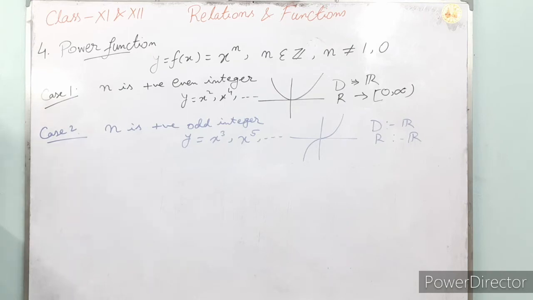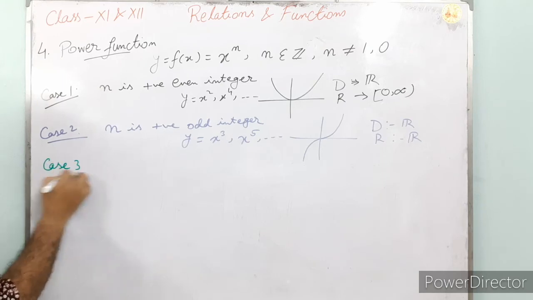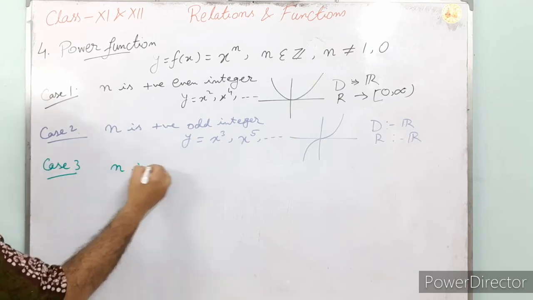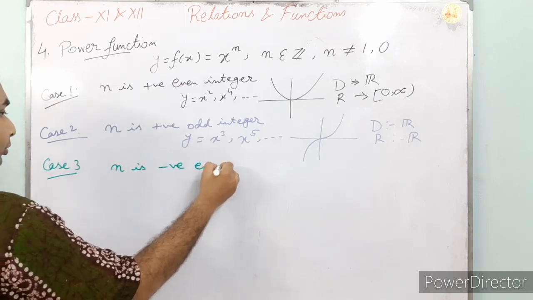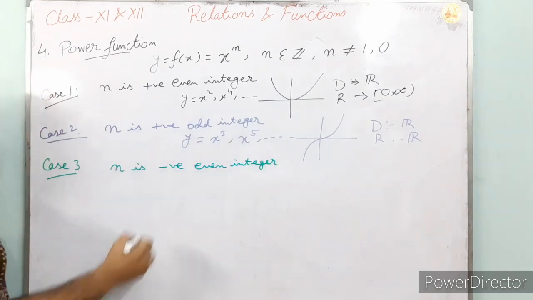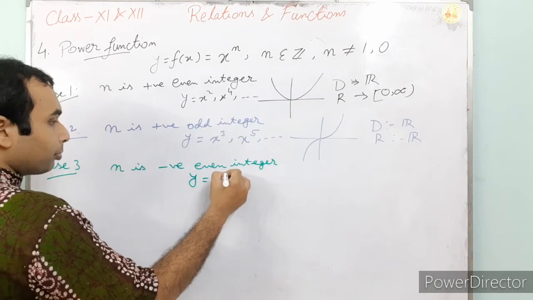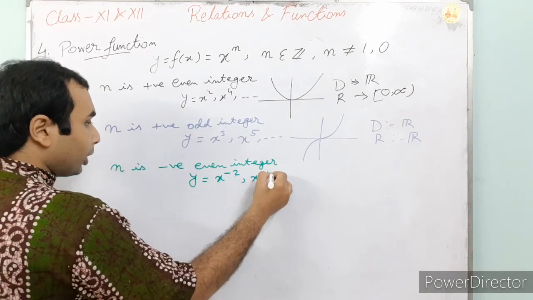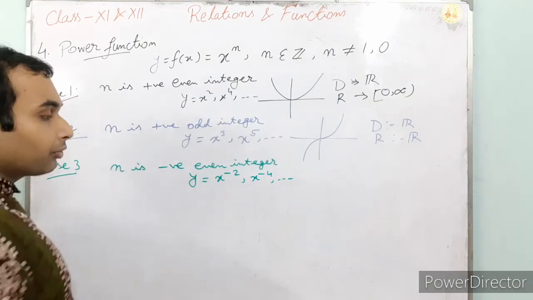Now case 3, from here the twist is coming. n is a negative even integer, that is y equals x to the power minus 2, x to the power minus 4 and so on. For this, what will the graph be?